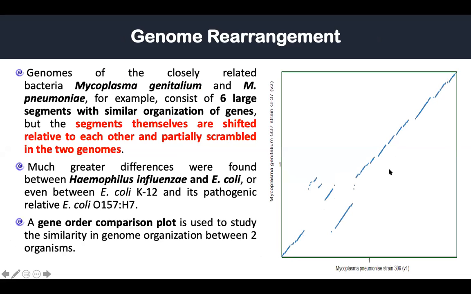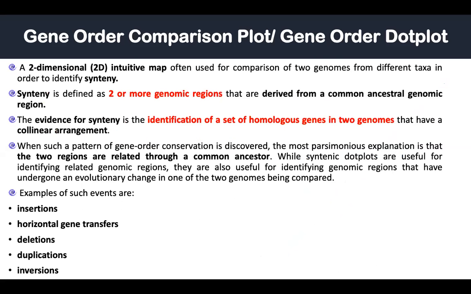And this is not too bad. You can see that there is sort of a diagonal line with a few breaks in places, but almost similar arrangement in genes. Okay. When such a pattern of gene order conservation is discovered, the most suitable explanation is that the 2 regions are actually related through a common ancestor.